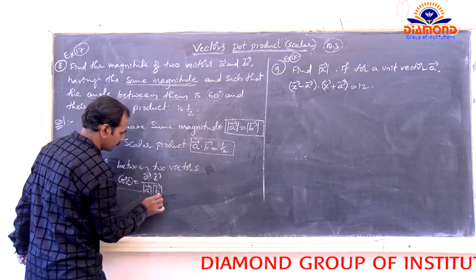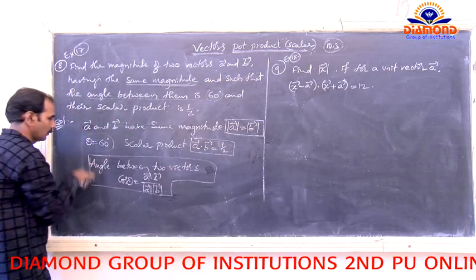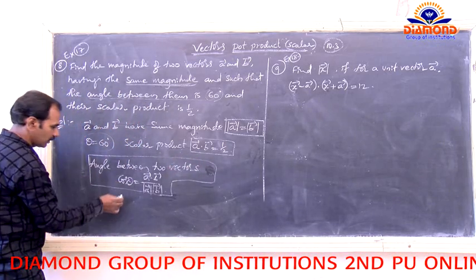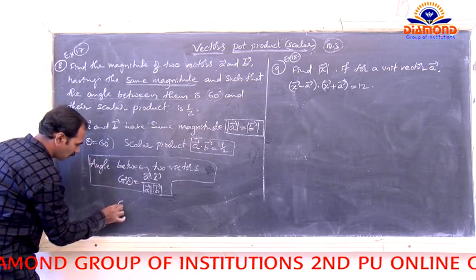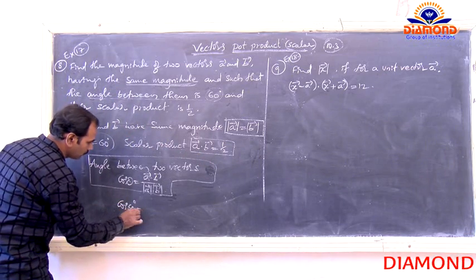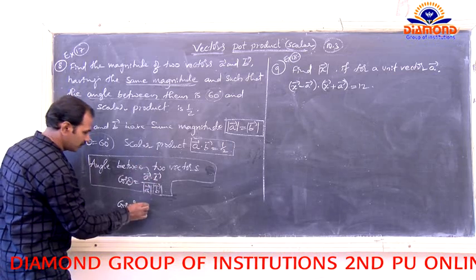So theta value is 60, cos 60 equals A dot B over the magnitudes, and A dot B means 1 by 2.